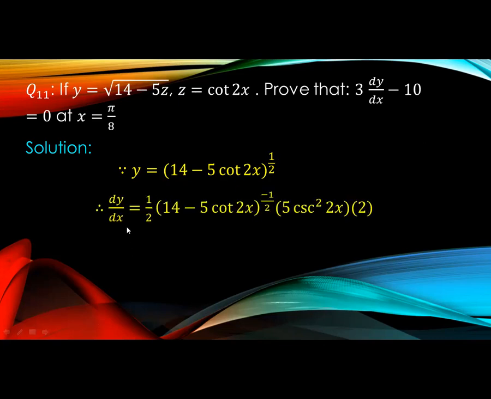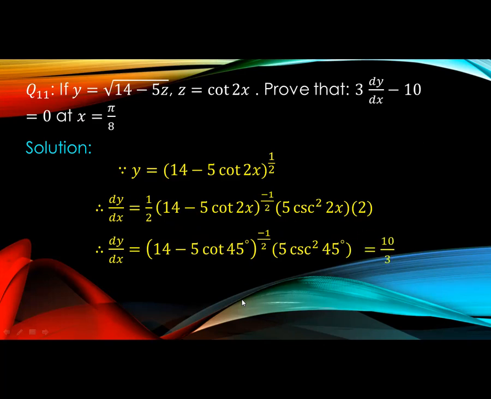After that, the first derivative is half times (14 minus 5 cotan 2x) all to the power negative half times 5 cosec squared 2x times 2. In the simplest form, it is equal to (14 minus 5 cotan 45 degrees) all to the power negative half times 5 cosec squared 45 degrees. That is equal to 10 over 3.